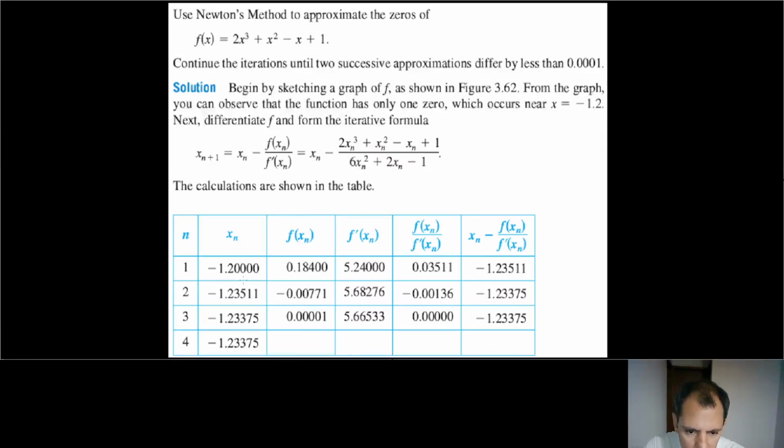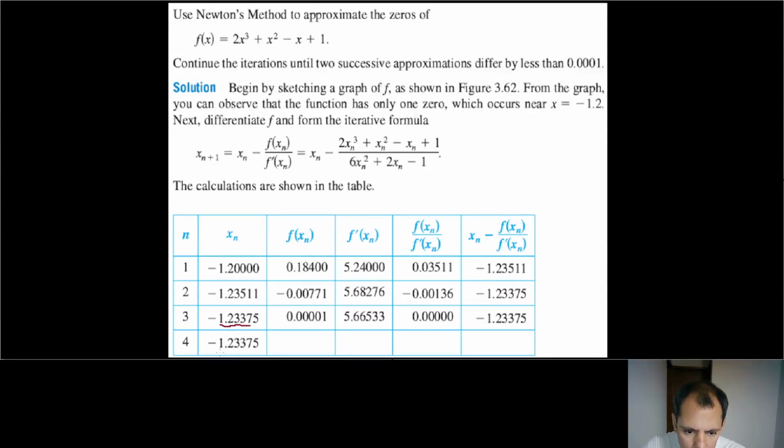It wants you to find out the convergence. Look, continue the iterations until 2 successive approximations differ by less than 0.001. And look at that, that's what happened here. You get 0.00, another 0, and 1, and you have that.